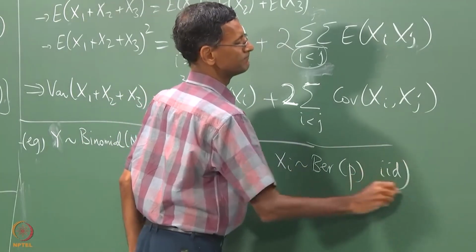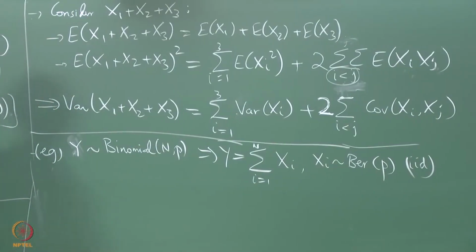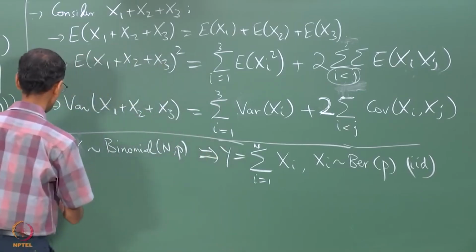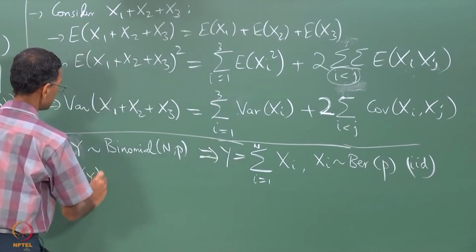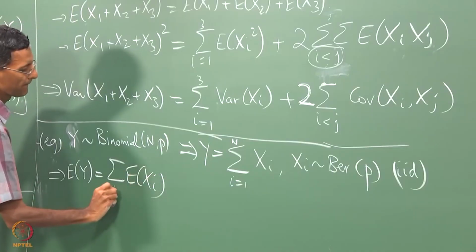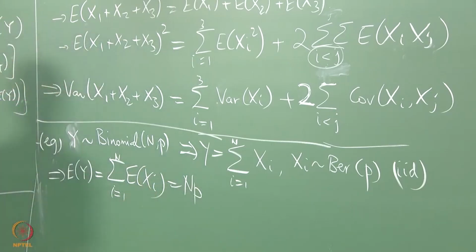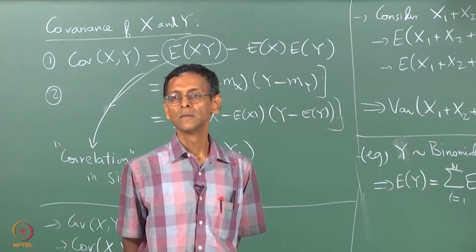Any binomial is such a sum. So what is E of y? It's just the sum of E of xi, which is np. So I can get the mean in one shot, without worrying about any manipulations of the PMF at all.